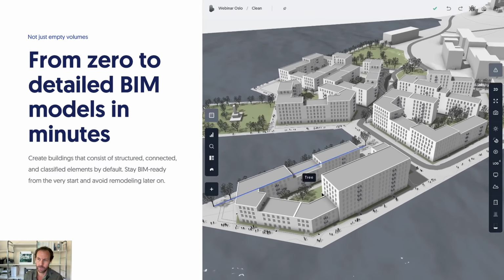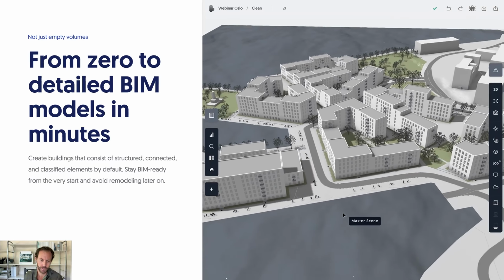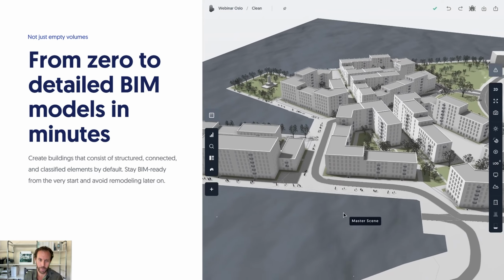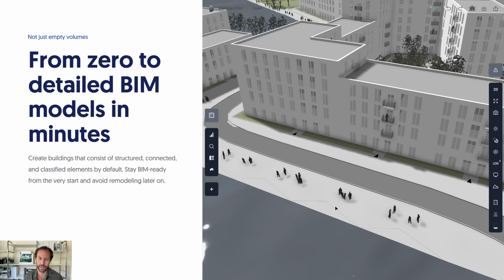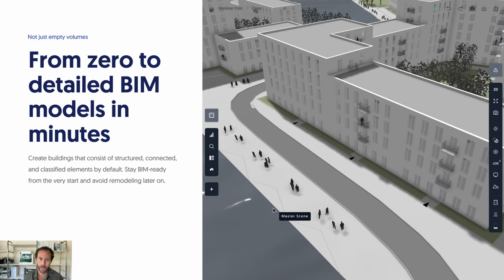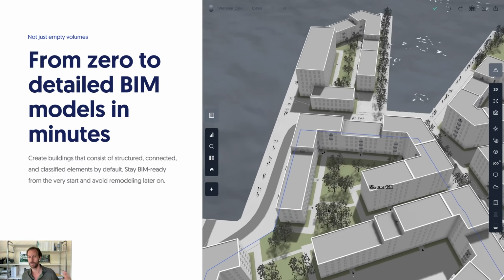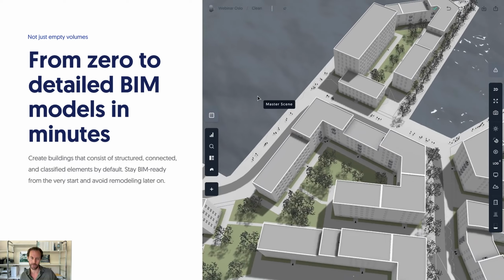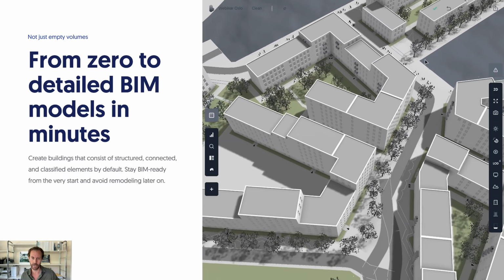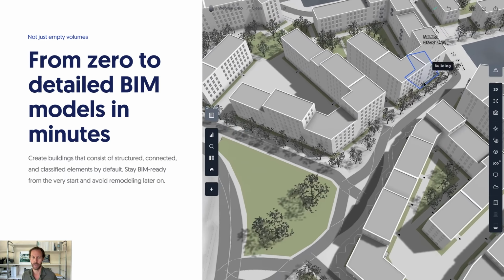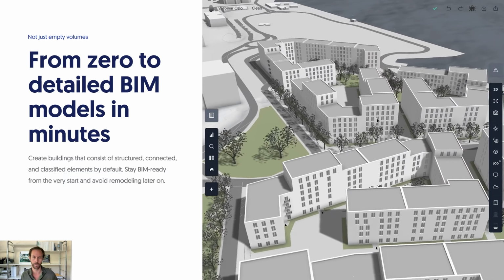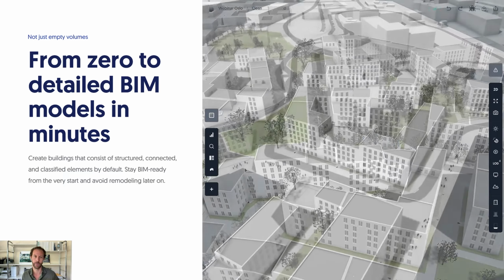Another part of Spacio is that it's not just shoeboxes, it's actual properly dimensioned geometry and fairly highly detailed. So we're saying here from 0 to detailed BIM models in minutes, and what we refer to as a BIM model is that the elements and all the building blocks that you get in Spacio are properly classified, such as internal walls, external walls, the apertures, and so on.